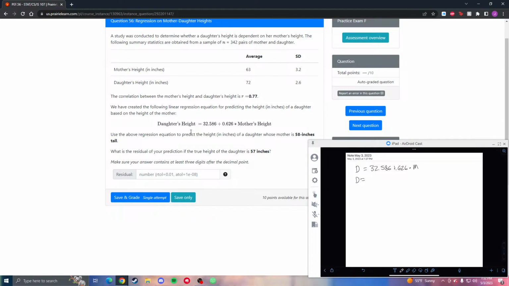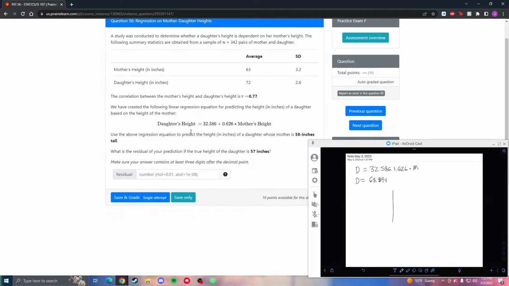So I'm just calculating it out right now. We're expecting the daughter's height to be 68.894 inches tall. And the residual is just the difference between actual and expected, or expected minus actual, or actual minus expected.